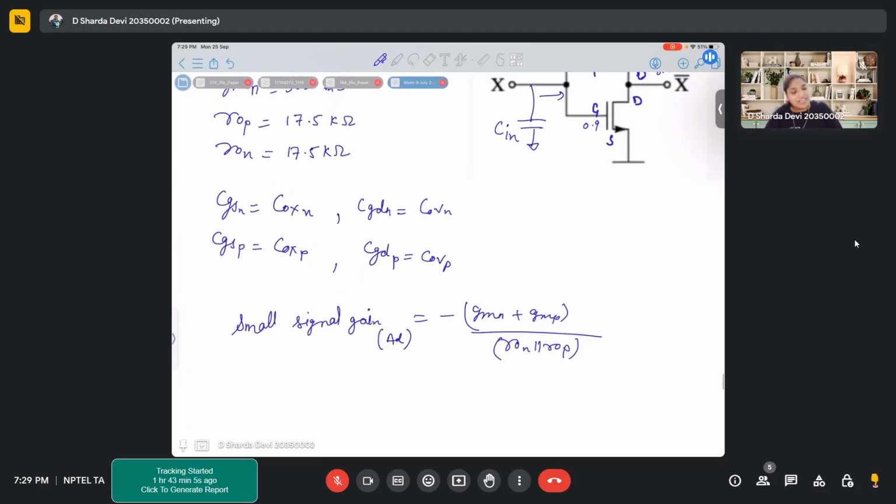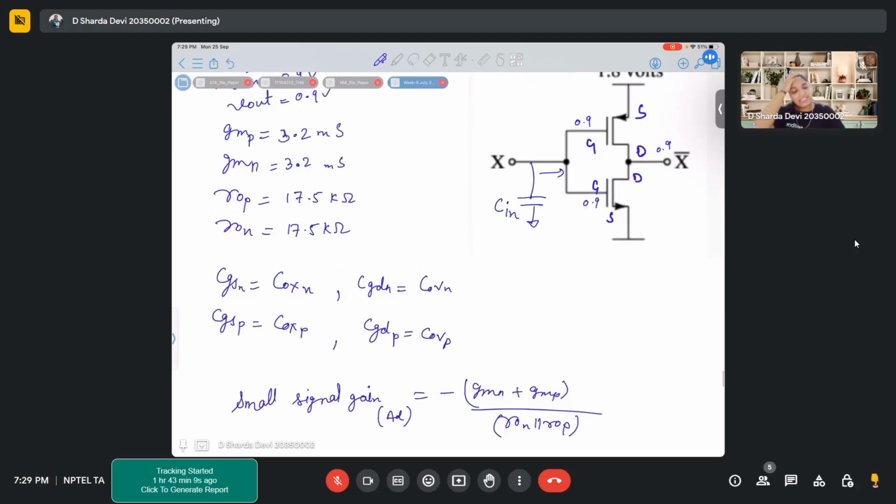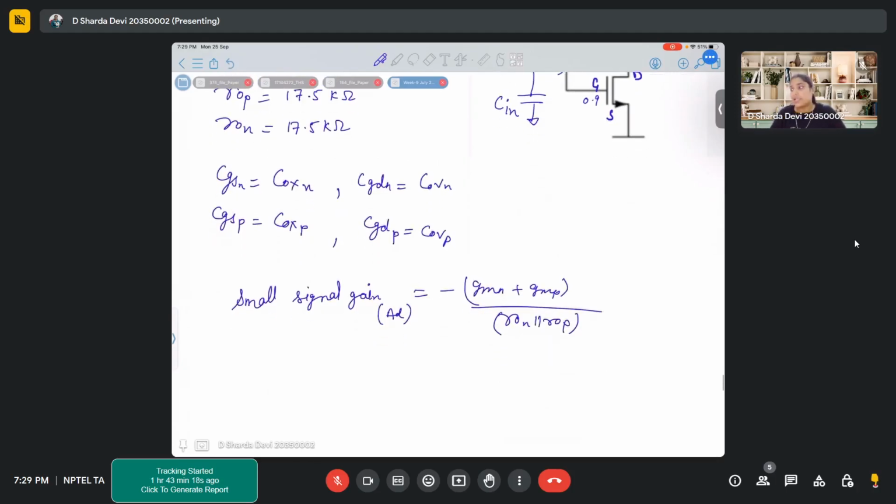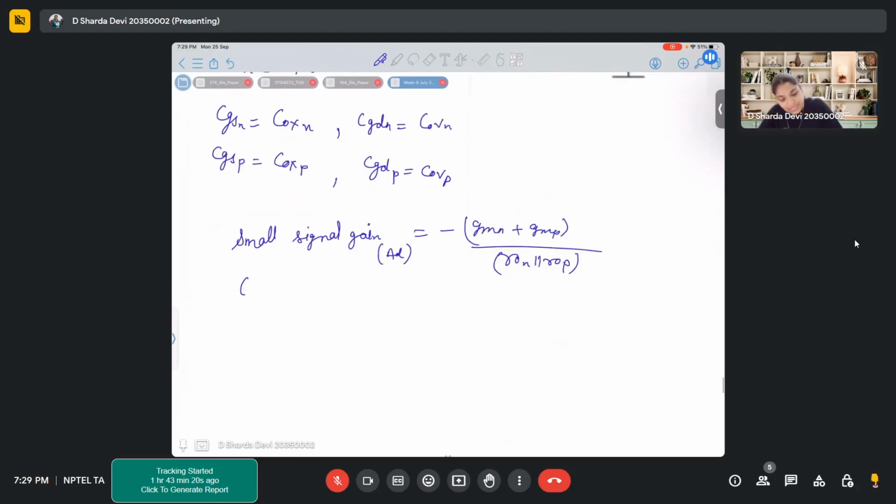If you observe it very carefully, it is GM into R0 only, but the GM will come because of both the transistors, as input is given to both the transistors. And we know that CGD dash is 1 minus AD into CGD. This is because of the Miller effect.